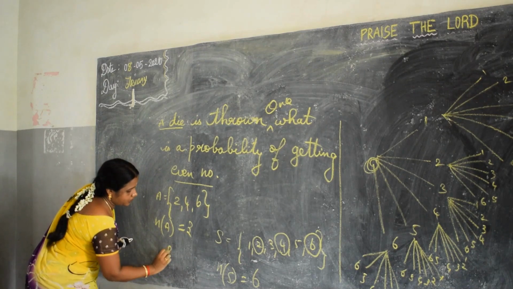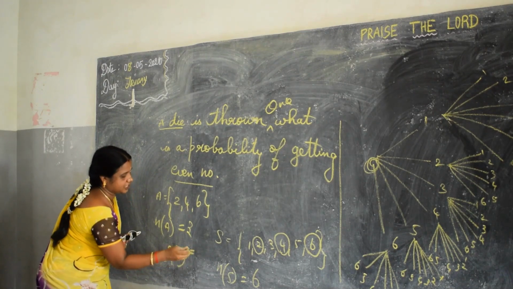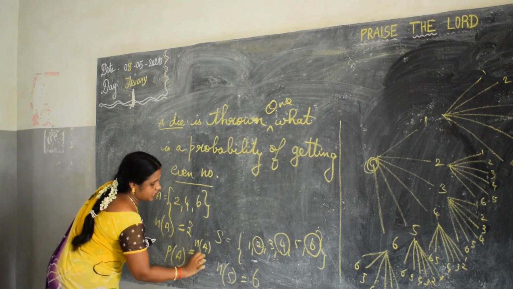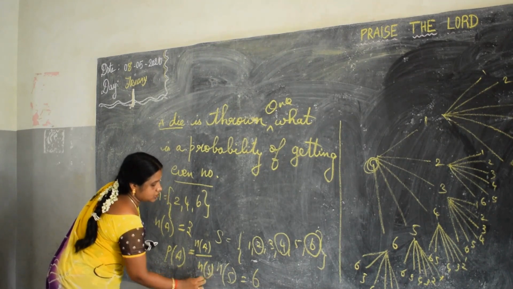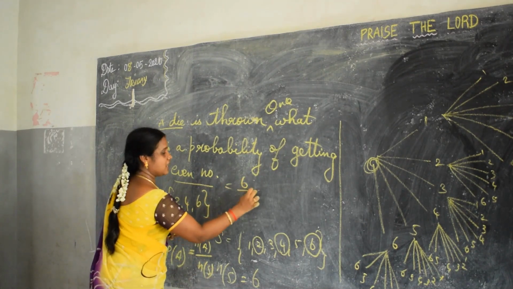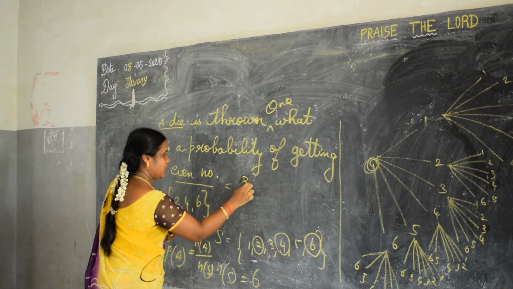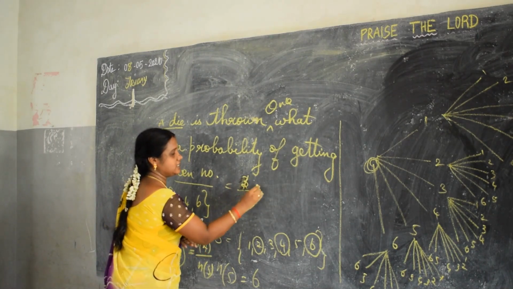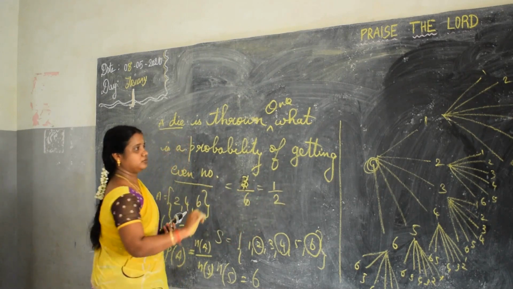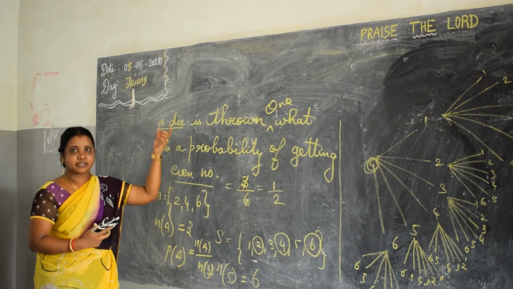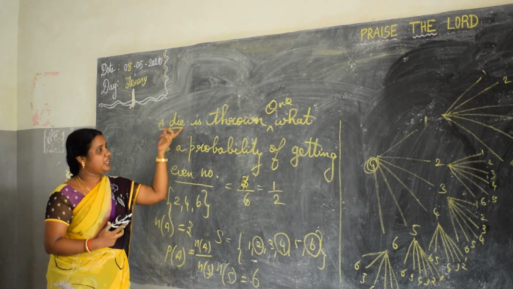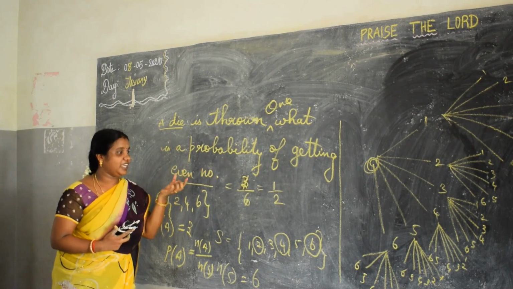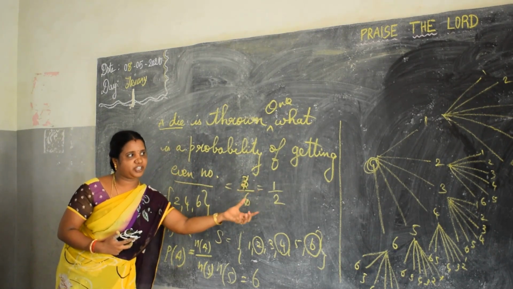So P of A, probability of an event, is n of A by n of S. That means n of A is 3 and n of S is 6. So 3 by 6. You can cancel, 1 by 2. This is for tossing a die. If you throw a single die, our probability of getting an even number is 1 by 2.